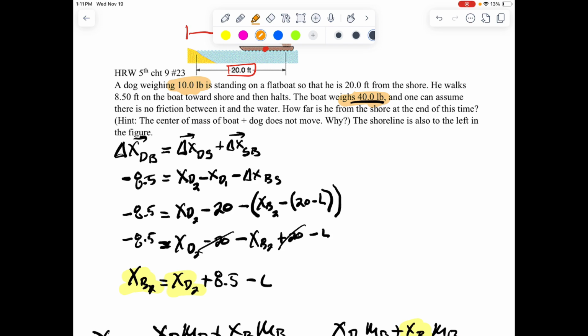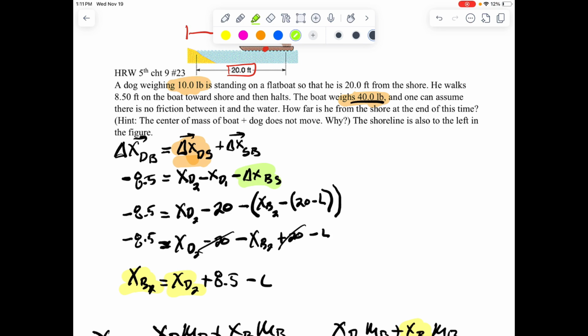So you know this change in position of the dog to the shore, this right there, that is going to be 4 times bigger than the change in the boat to the shore.